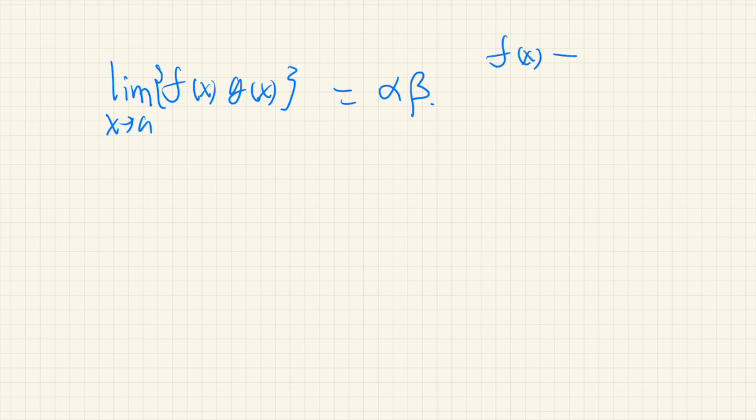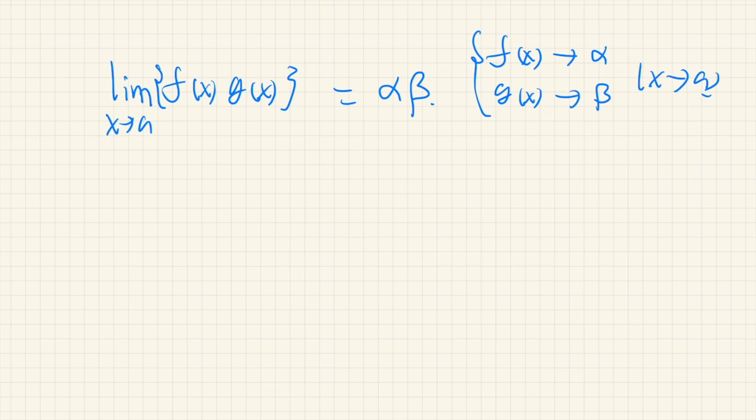The next property is this: the limit of a product as x goes to a is the product of the limits. Here, of course, we're assuming that the limit of f of x is alpha and the limit of g of x is beta, both as x goes to a.